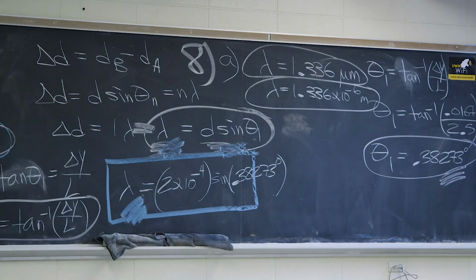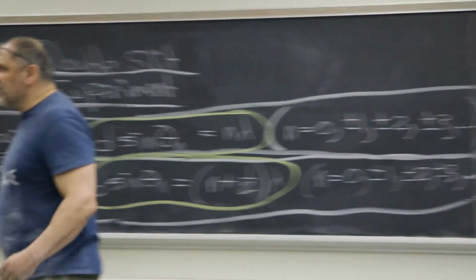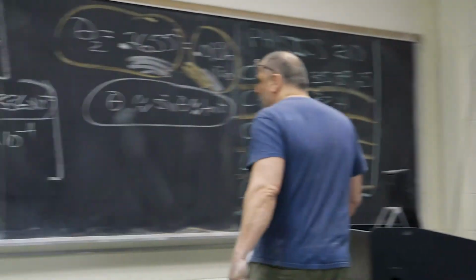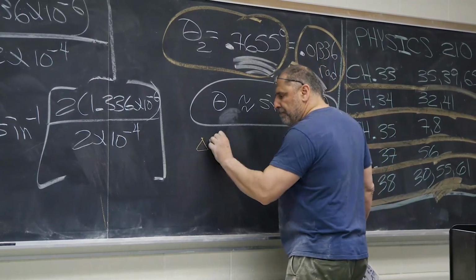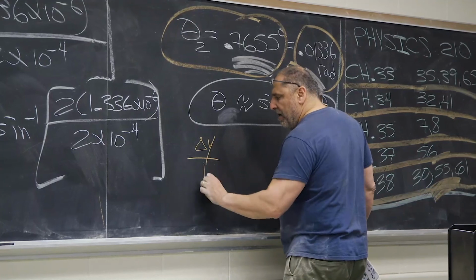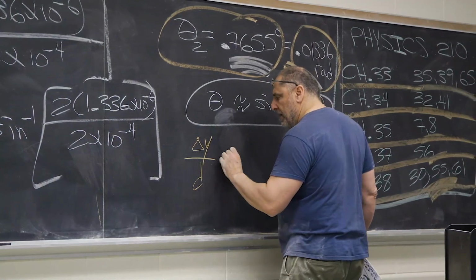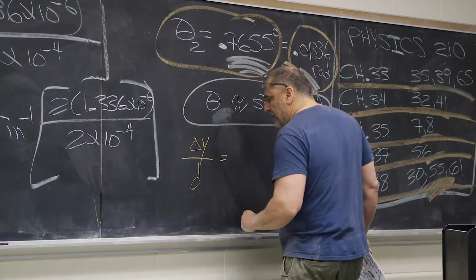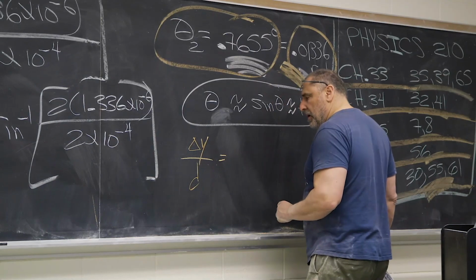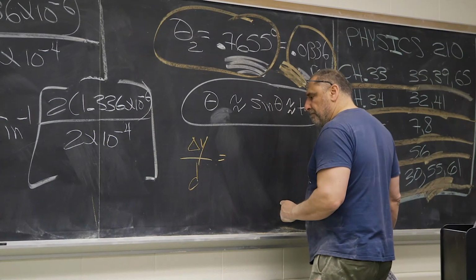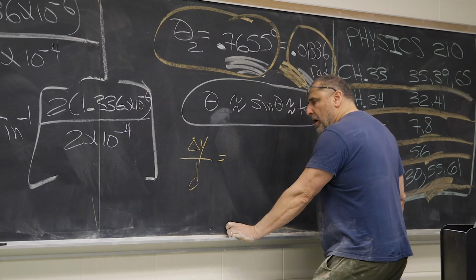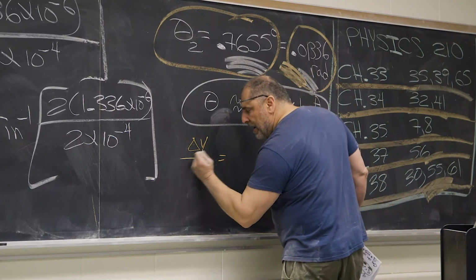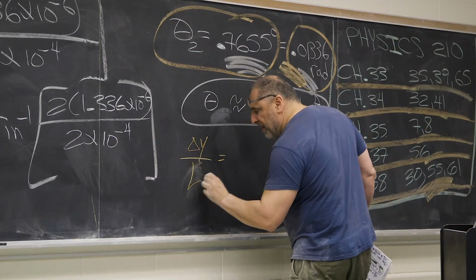Delta y would be stuff we had done earlier. Nobody asked us, so forgive me for even going there, guys. What the heck, might as well. Delta y here over L rather, forgive me.